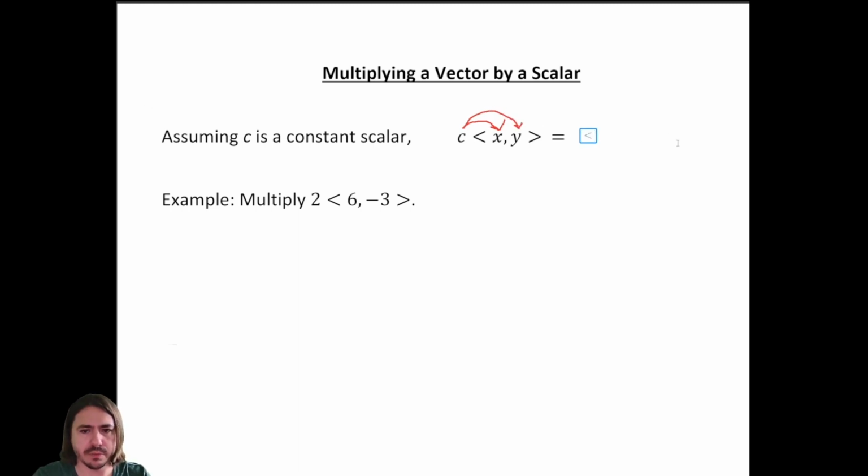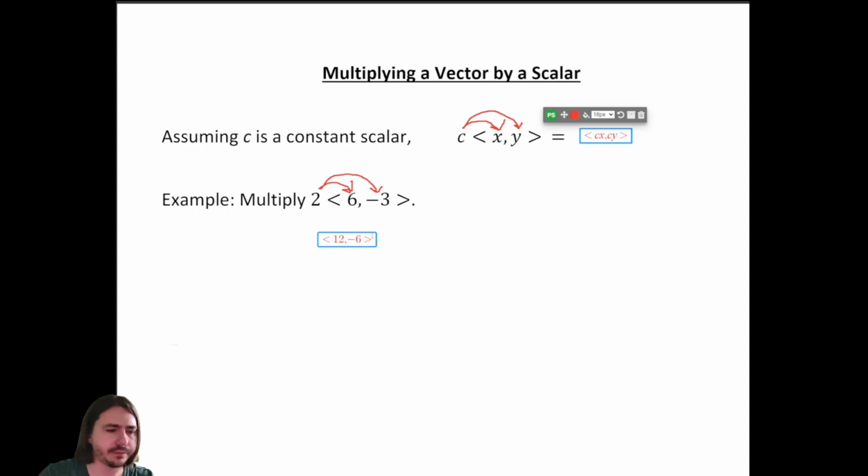So our result, in this general case, will be <c times x, c times y>. In this case, we multiply 2 by 6 and 2 by -3, and our resultant vector would be <12, -6>.